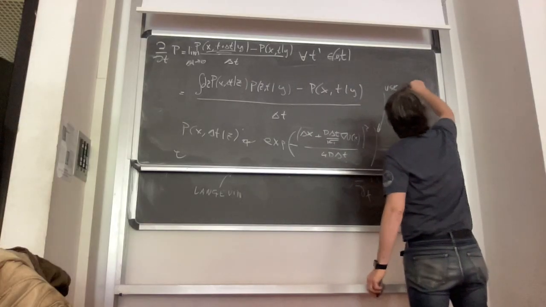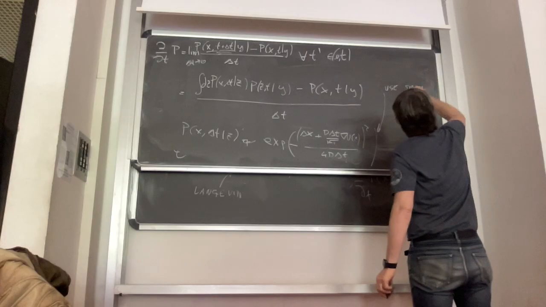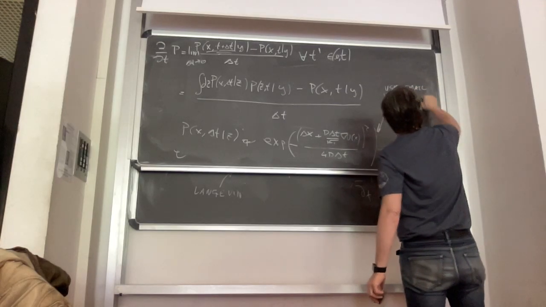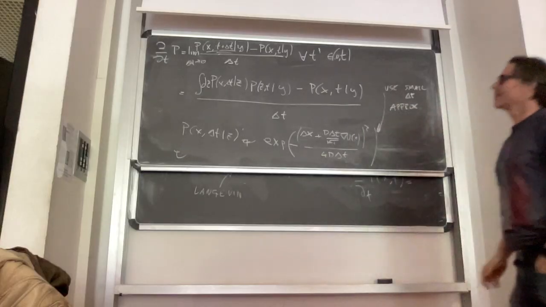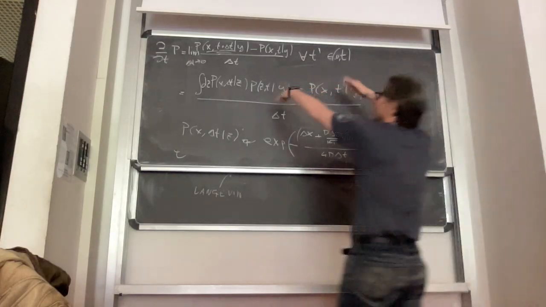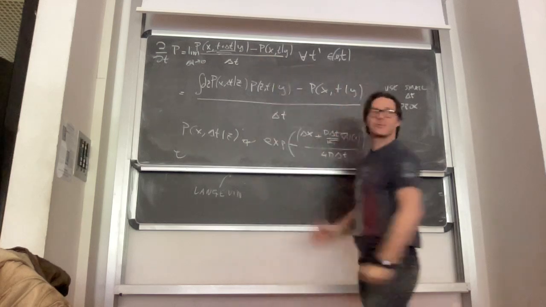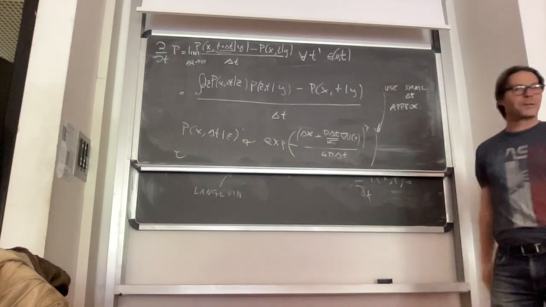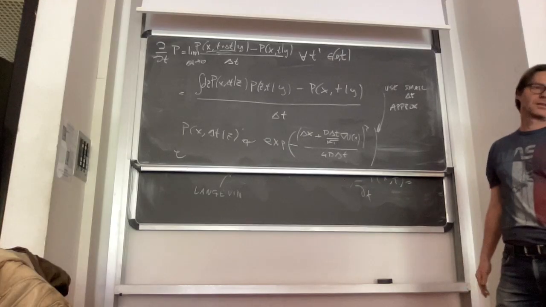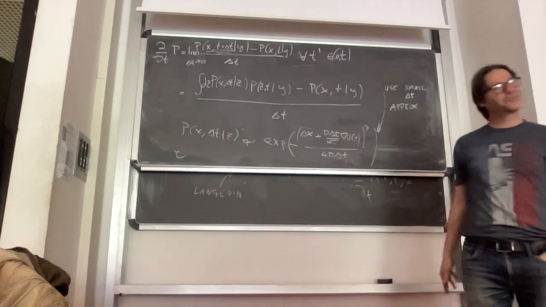Use small delta t approximation. And as you will imagine, some of these terms will cancel with some terms here. You will do manipulations, and you see the manipulations in the notes. I jump to the conclusion.